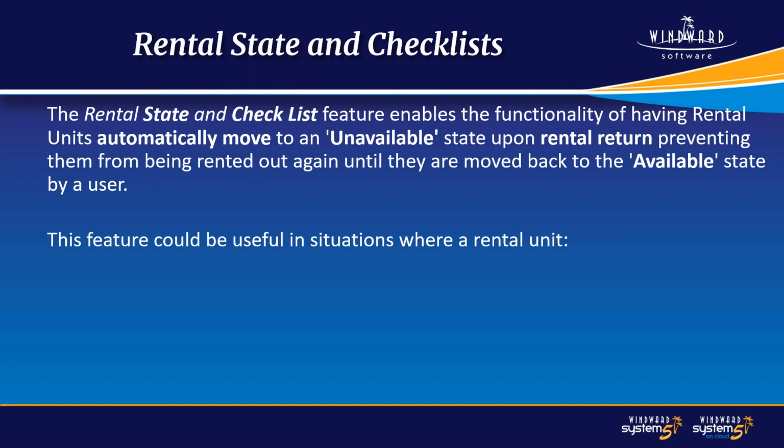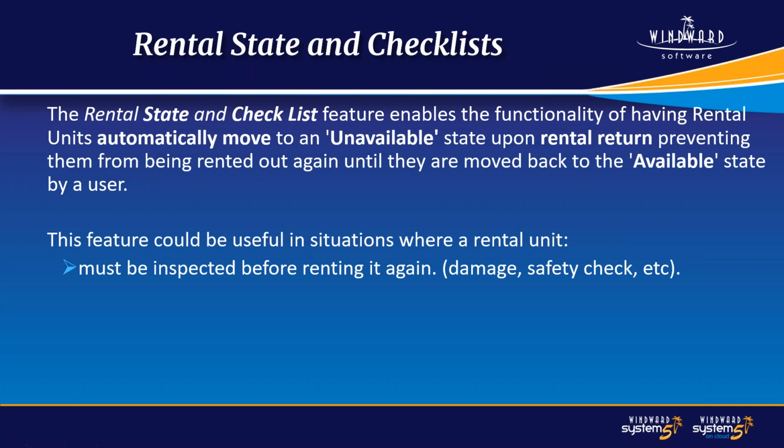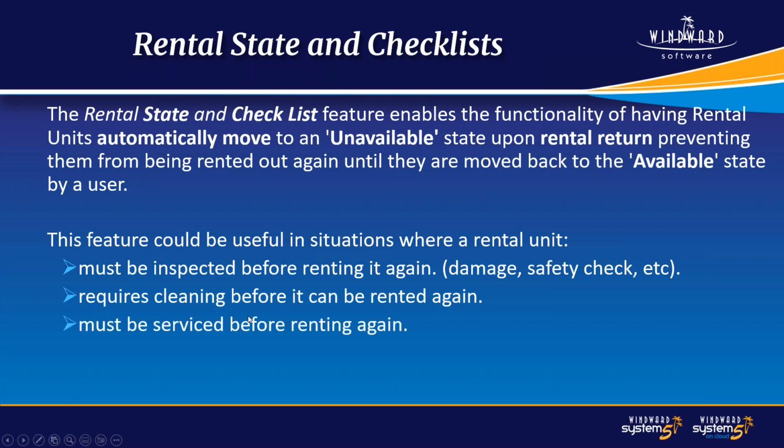It could be useful in situations wherein a rental unit must be inspected before renting it again, like damaged or safety checked, it requires cleaning before it can be rented again, must be serviced before renting again, or a combination of the above.